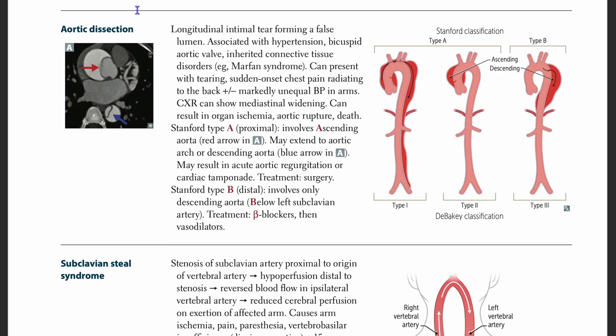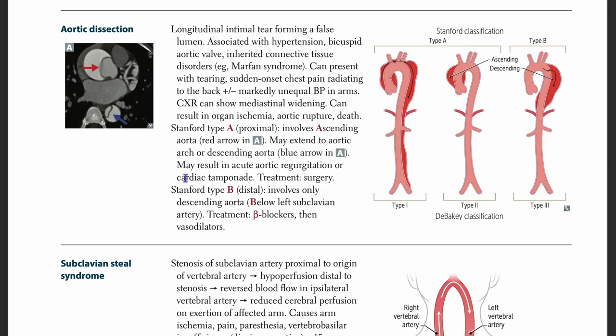So you have Stanford type A, which is the proximal one. It involves ascending aorta. So if it involves that, it's type A. May extend to aortic arch or descending aorta.